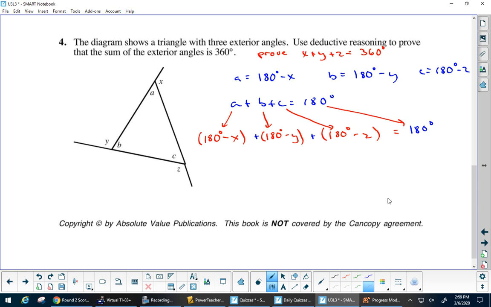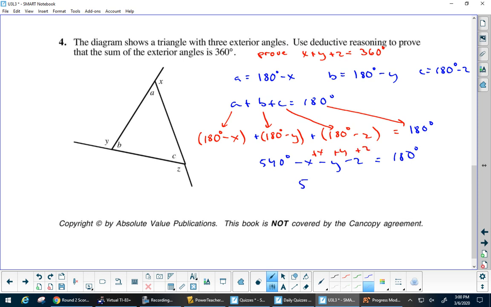Now we can get rid of the brackets and we can add this up. 180 plus 180 plus 180 is 540 degrees. And then it'd be minus x minus y minus z equals 180. Now, what if I want to bring these to the other side? What would they become? Right, so I could add x, add y, add z.